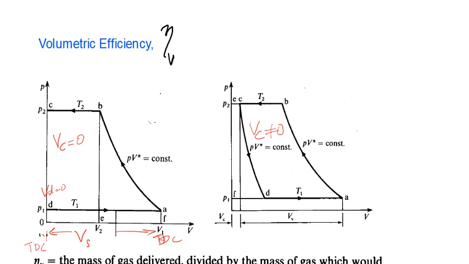So that's why we can write for the first case, the ideal gas at state 1, P1 VS equal to mRT1. Meanwhile, for the second case, the ideal gas at state 1 can be written as P1 (VA minus VD) equal to mRT1.